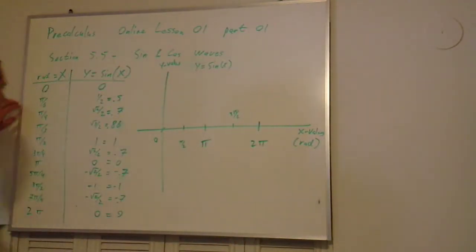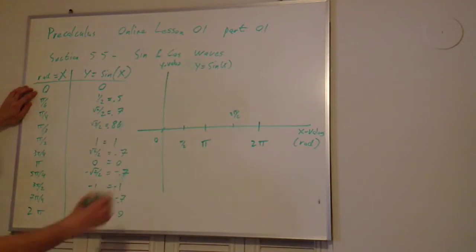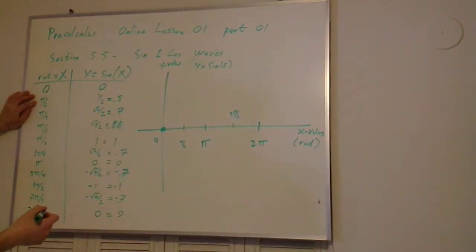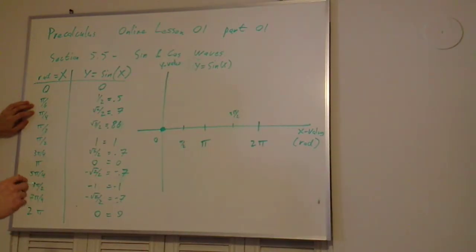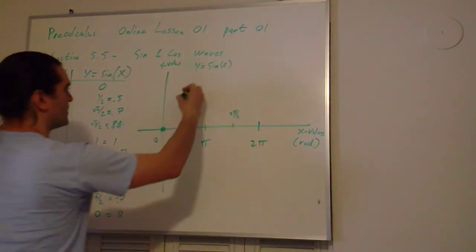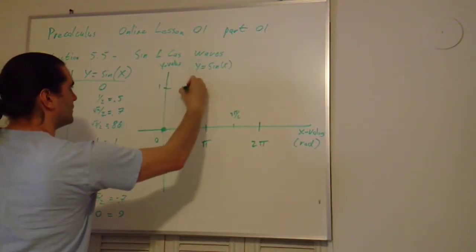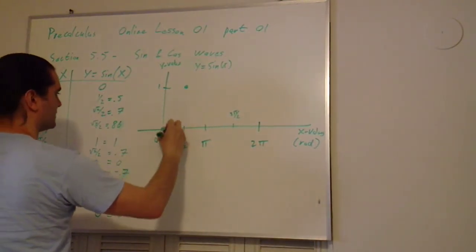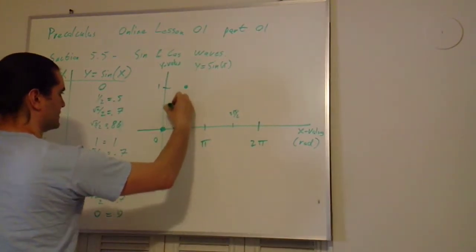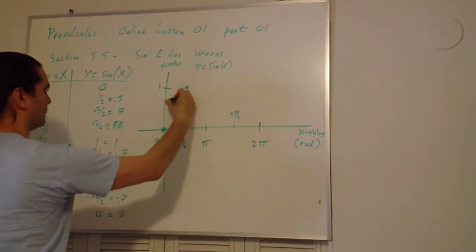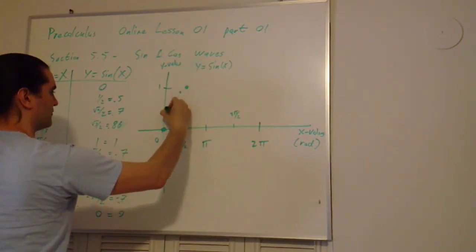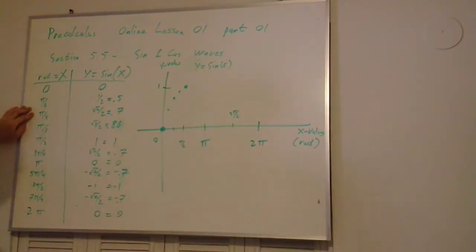So, I definitely have the point 0, 0. Wish I had stolen a different color marker. Having just green available is not ideal. At pi over 2, I'm going to be up here at 1. In between, this is pi over 4, I'll hit 0.7 right here. 0.8 and 0.5 will be in the middle there.